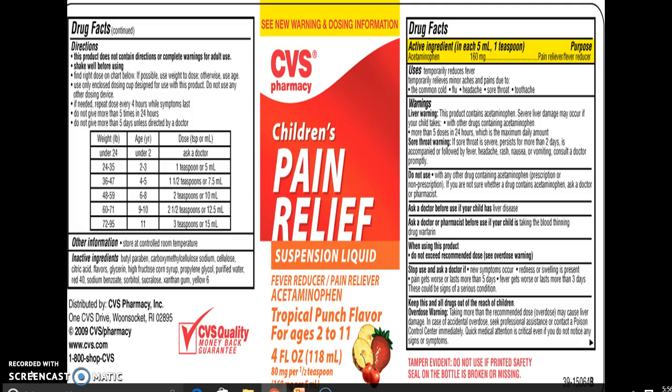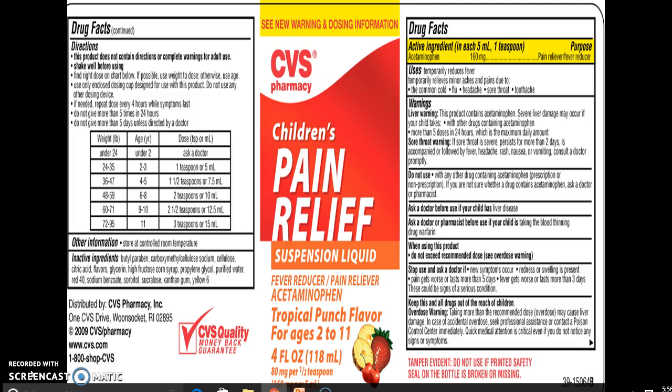So here for acetaminophen, you have the inactive ingredients, and these are many times fillers. And then, since it has a nice tropical punch flavor, those particular types of flavors have been added.